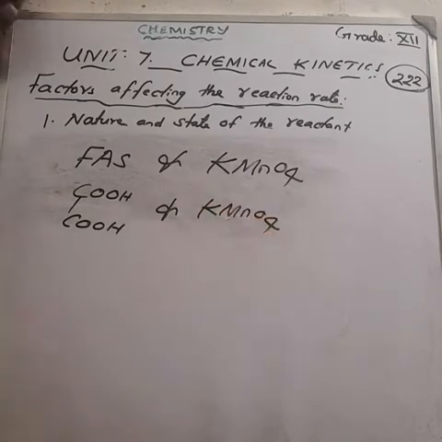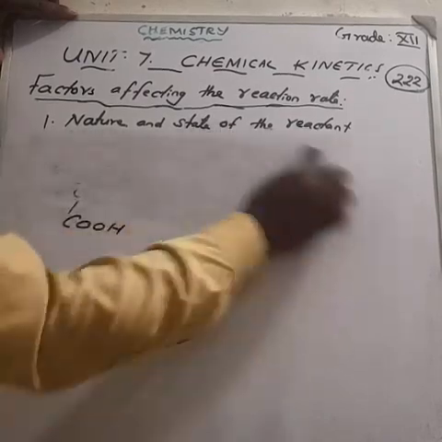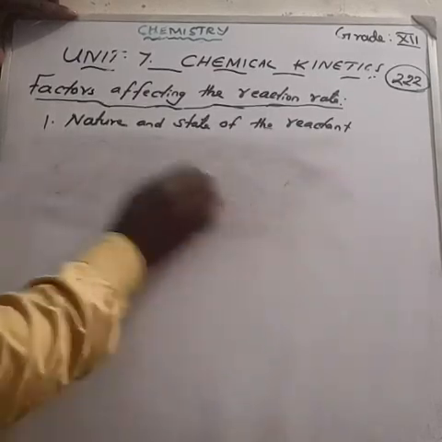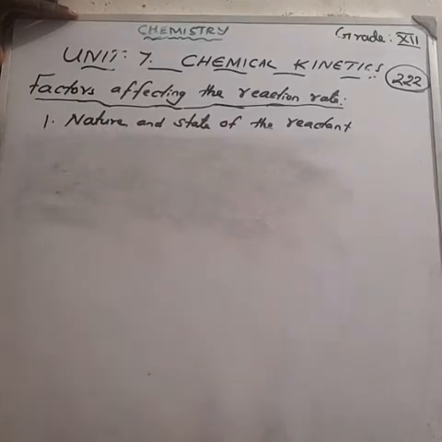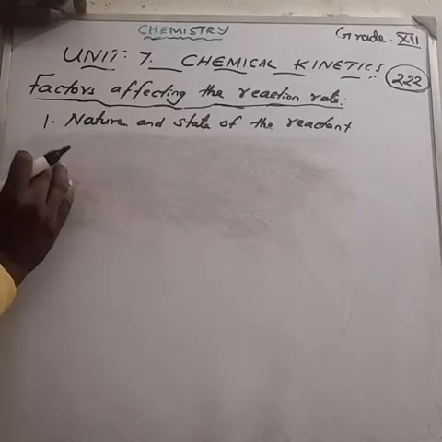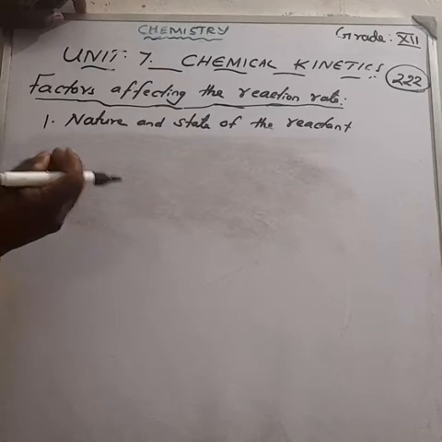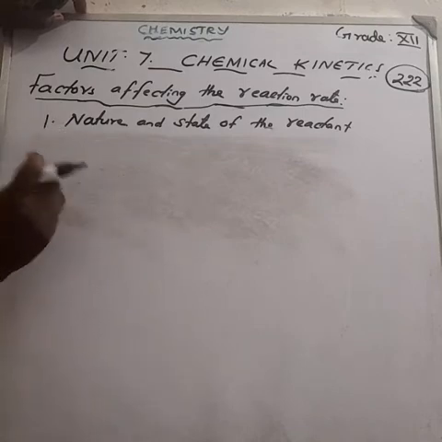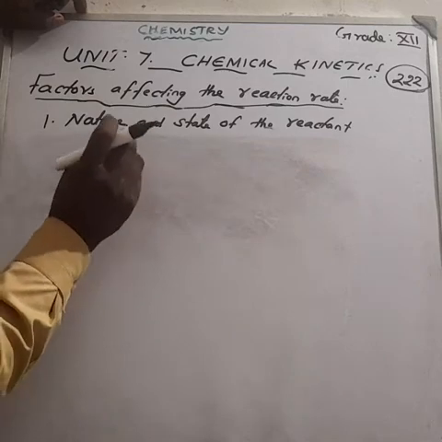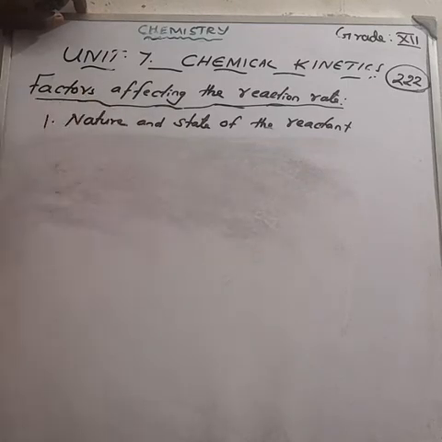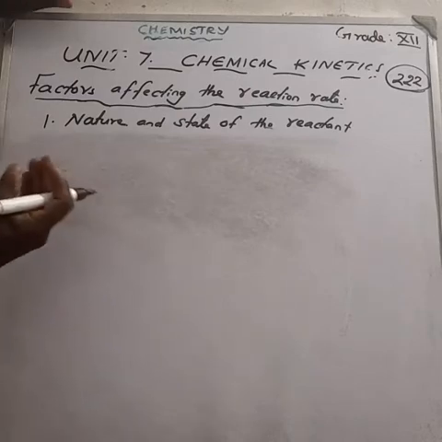Here, the first redox reaction and the second redox reaction have some differences. The first is potassium permanganate with ferrous ammonium sulfate. The second is oxalic acid with KMnO4. The oxidation of oxalate ion by KMnO4 is very slow compared with the reaction between potassium permanganate and ferrous ammonium sulfate.